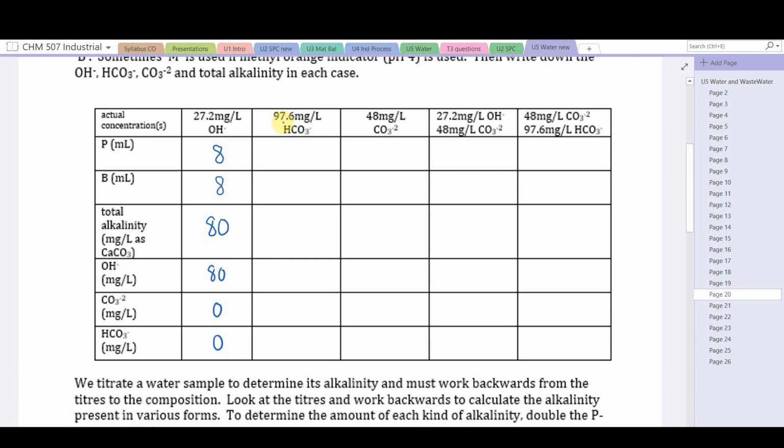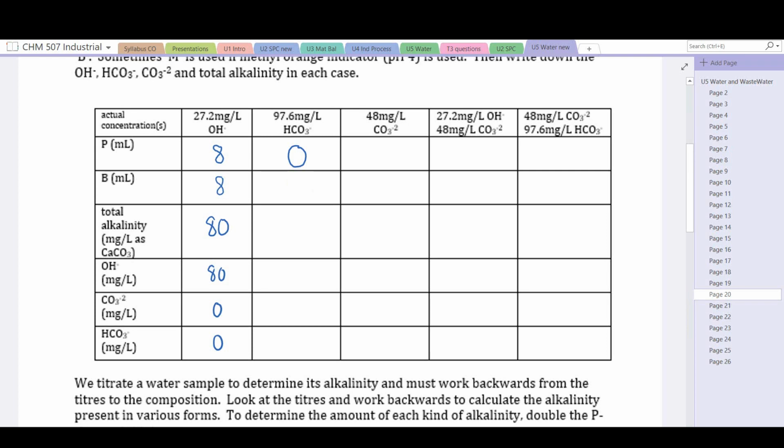If you made up a solution that actually contained 97.6 milligrams per liter of bicarbonate, recall that that required 8 mL of 0.02 molar HCl for a 100 mL sample. So if you add phenolphthalein, it would already be colorless because bicarbonate doesn't turn phenolphthalein pink. The pH of bicarbonate ion is like 8.3, 8.4.